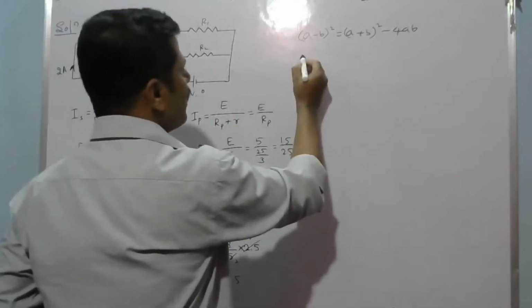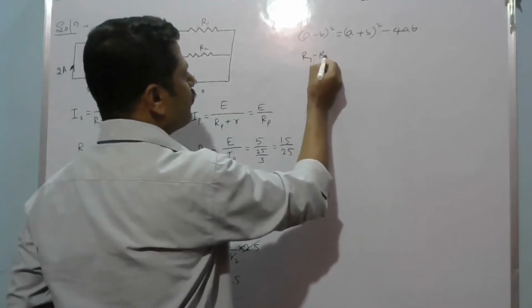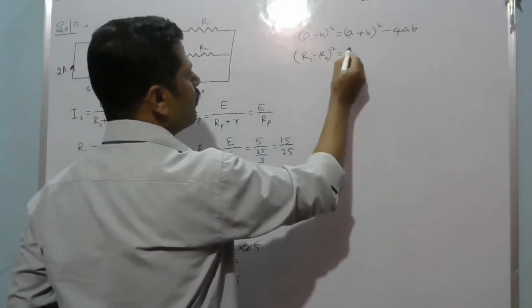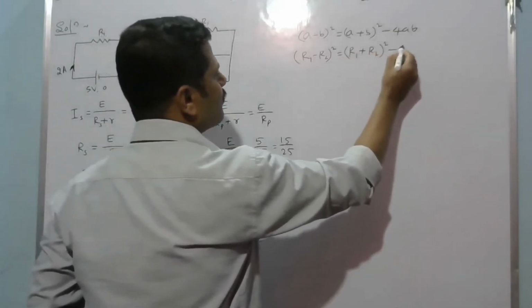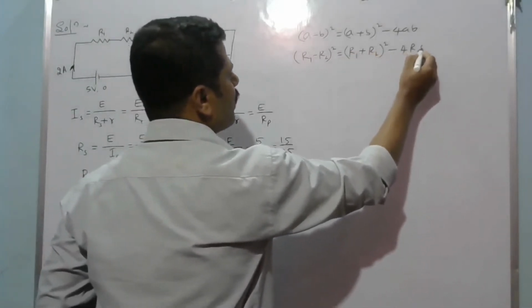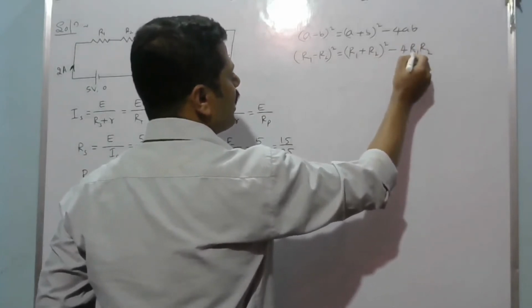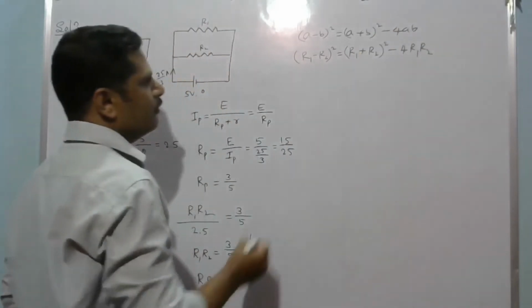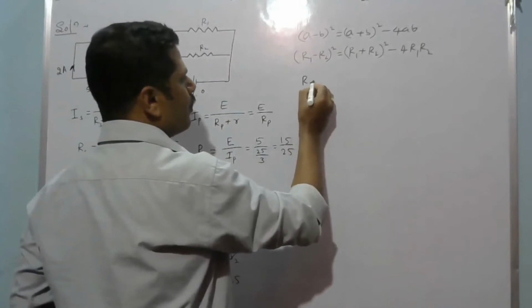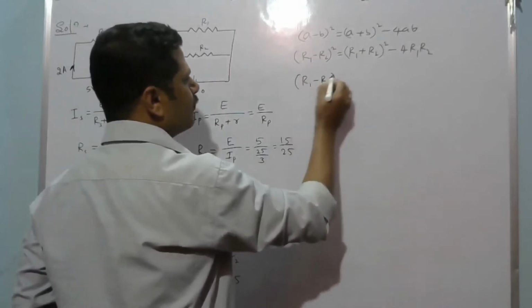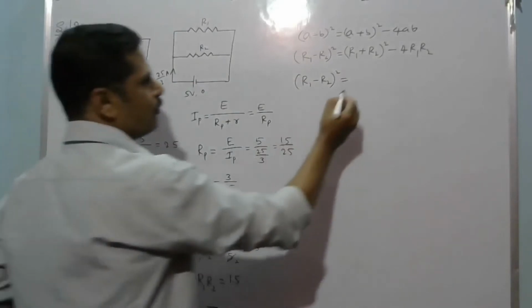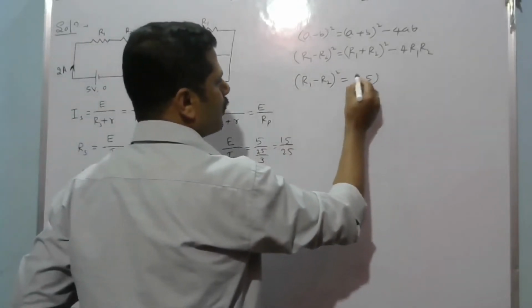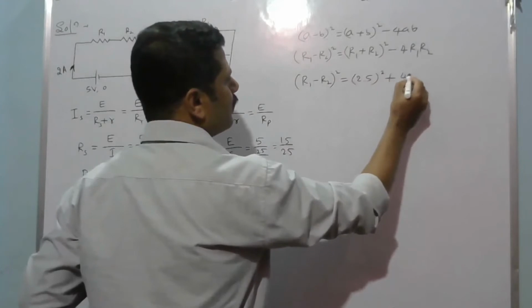So let me write now R1 minus R2 whole square is equal to R1 plus R2 whole square minus 4 R1 R2. In place of A, I have written R1. In place of B, I have written R2. Now R1 minus R2 whole square is equal to, we know that R1 plus R2 is equal to 2.5, that is 2.5 whole square minus 4 into R1 R2.